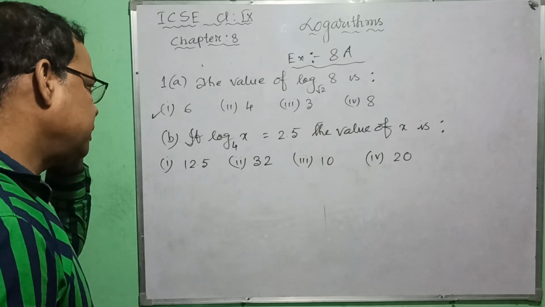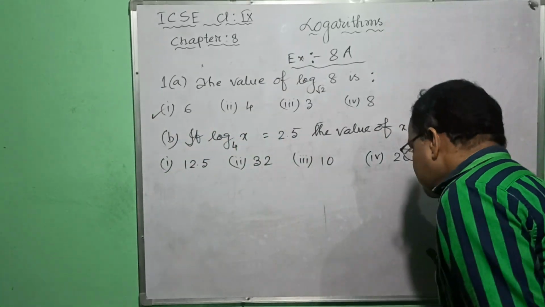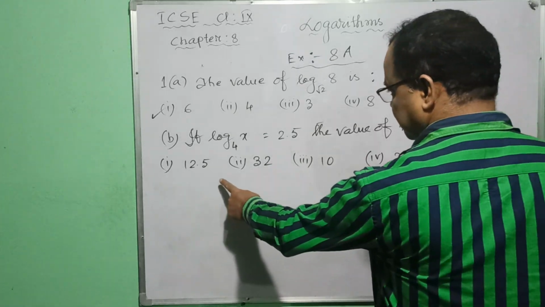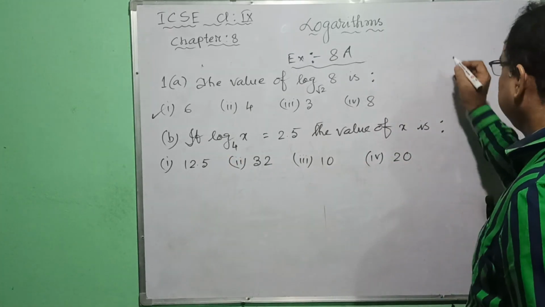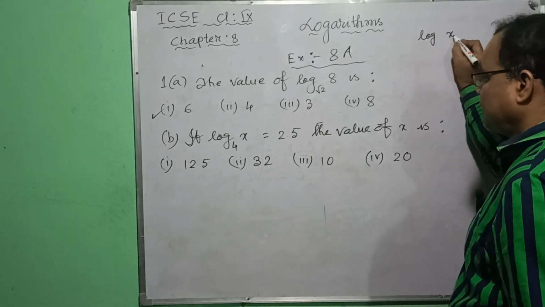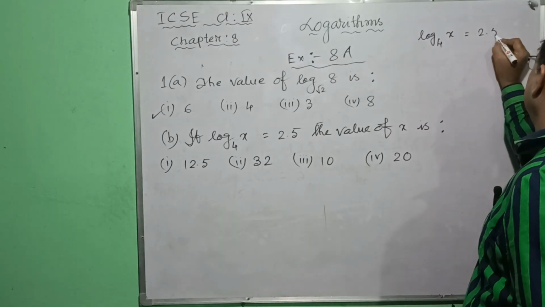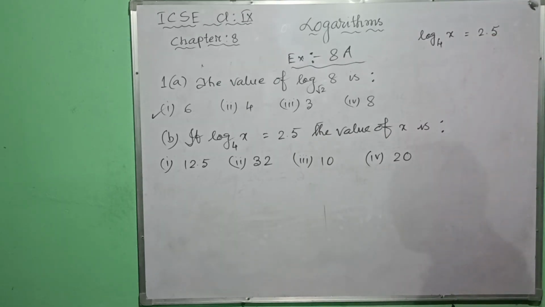Now we'll try to find what is the correct value. Let us do it in the rough side. The condition is given, log x at base 4 equal to 2.5. So what does it mean?